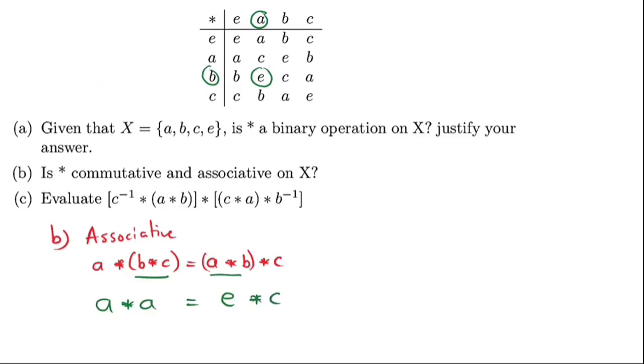So we go back to the table again. What is a star a? a star a is c. What is e star c? e star c is c. So you can clearly see that the left hand side is equal to the right hand side. So again, I say star is associative.